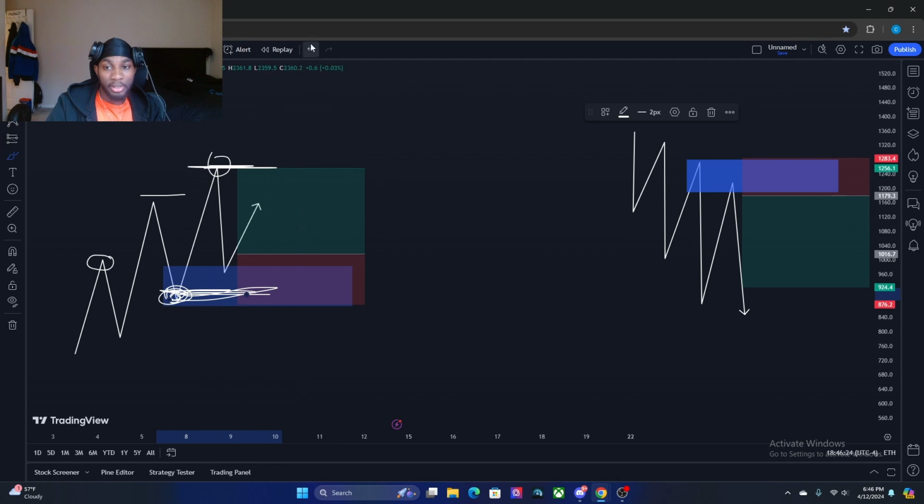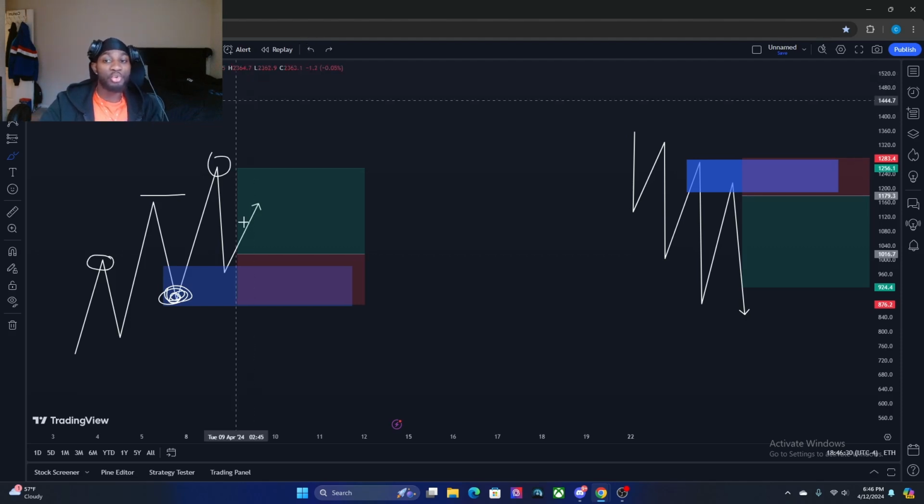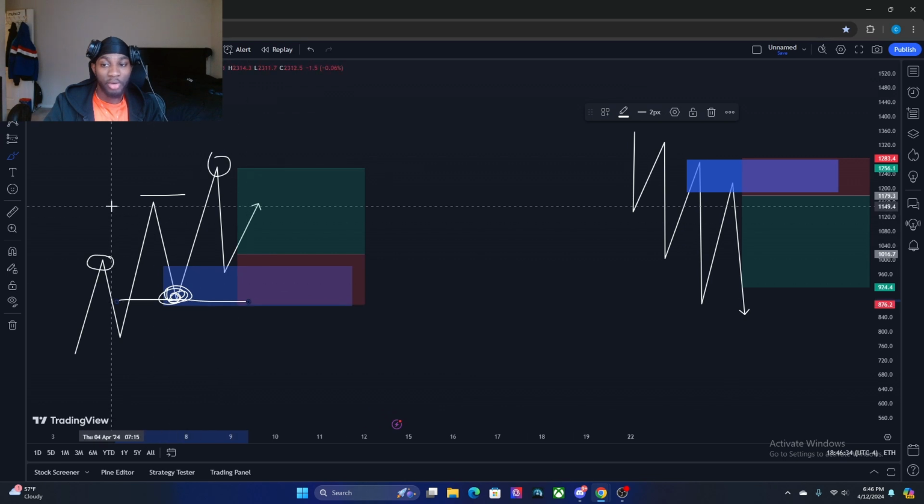Support and resistance is like if you can't break above, you can't break below. This right here was your previous support and resistance, but we then broke structure. We broke above, we closed above. We were looking for candlestick closures.